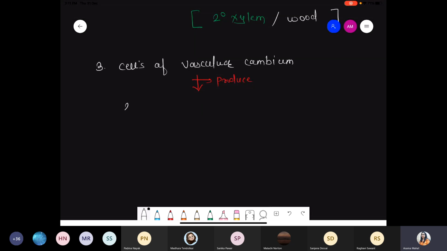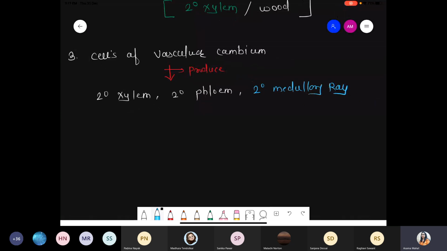They can produce secondary xylem, as well as secondary phloem, and along with that they can produce another important cell, that is secondary medullary ray. You know very well the function of the xylem is basically water conduction, and of the phloem, food conduction.